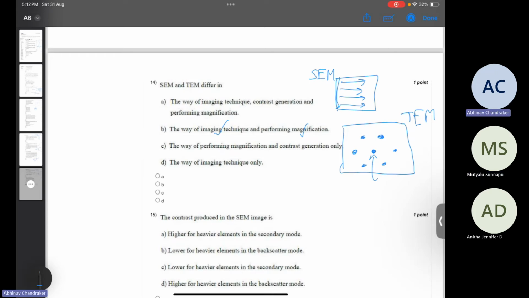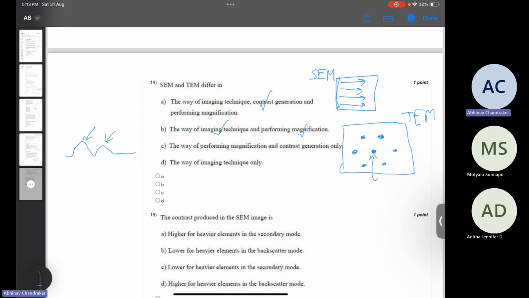So the focal distance is changed, so that you can change the magnification, converging it more to magnify it more. So magnification also changes, but the contrast generation will also change. In SEM, the contrast is generated by having different numbers of electrons coming out from different areas. From the surface, more electrons will come out from somewhere below, if the surface is not even, if it is a bit undulated like this.